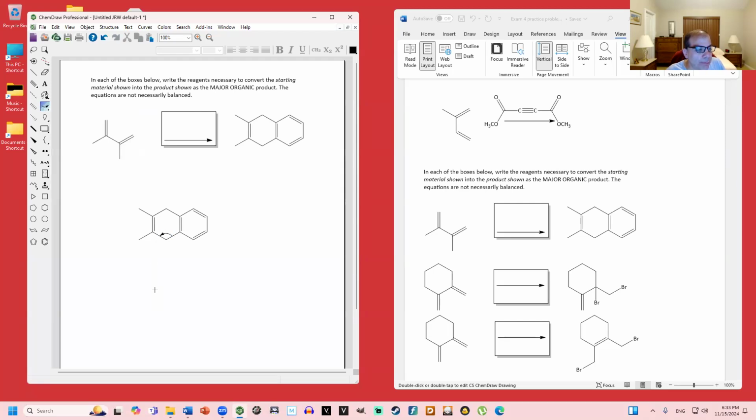So this sigma bond will move over there and make a pi bond. This pi bond moves over here, and this sigma bond moves over there. Again, in any Diels-Alder reaction, without exception, you always form 2 new sigma bonds and 1 new pi bond.